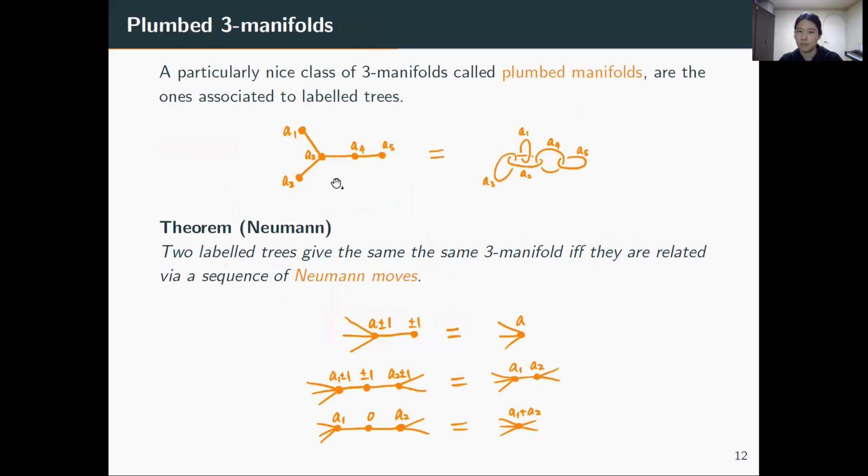Okay, so these 3-manifolds are a particularly nice class of 3-manifolds because they're associated to labeled trees, those trees whose vertices are labeled by some integer numbers, and these are called plumbed 3-manifolds.